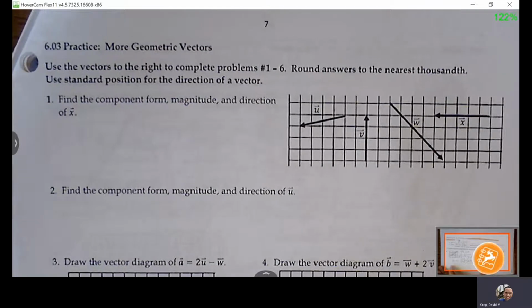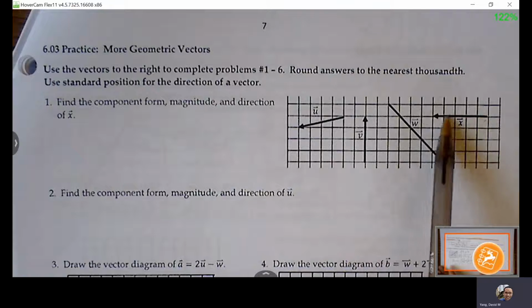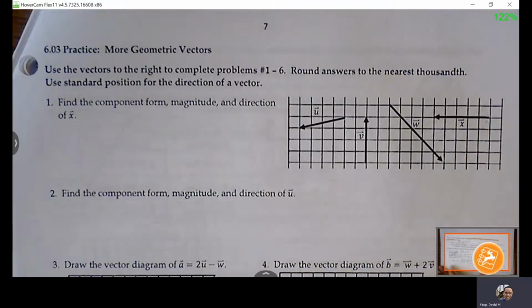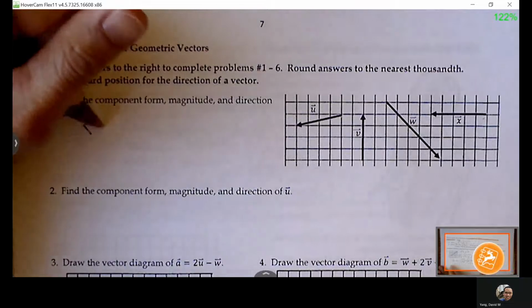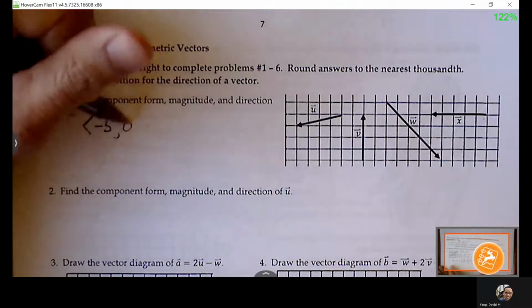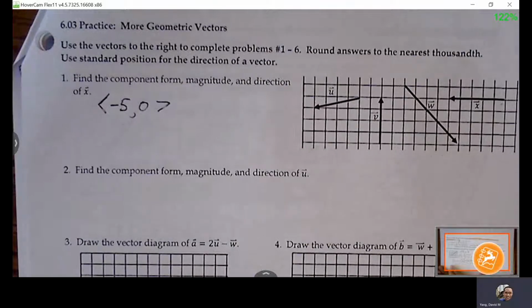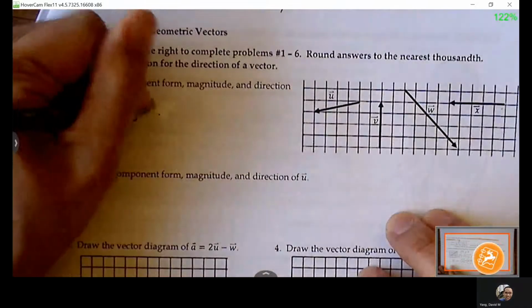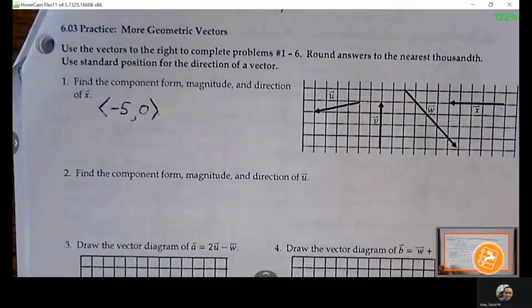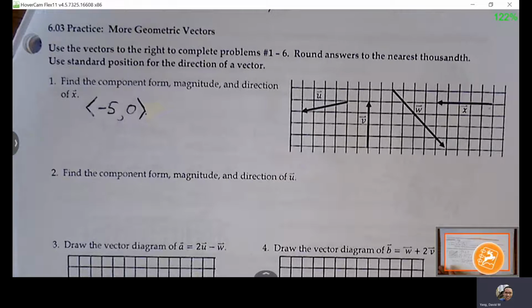All right, so find the component form, magnitude, and direction of vector x. Vector x only has a horizontal component, right? Doesn't have a vertical component, so left 5 units and 0 units vertically.